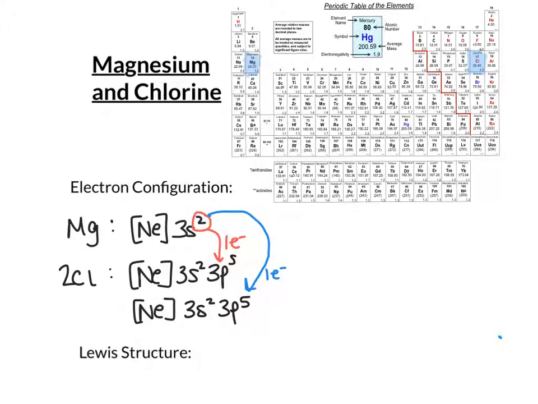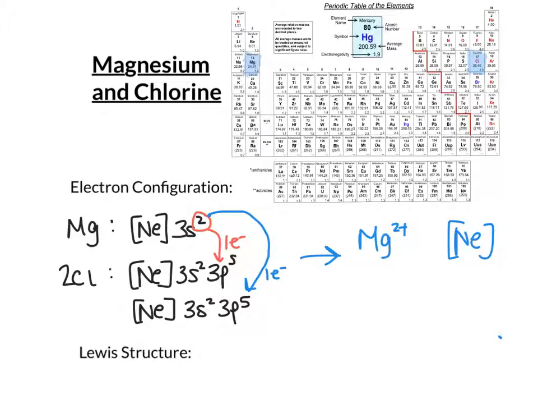So now magnesium has given both of its 3s electrons away, and 2 chlorines have gained 1 electron each. So what we have then is magnesium gave 2 electrons away, so it has a 2+ charge. And now its configuration is just neon in brackets, okay, because we lost that 3s2.